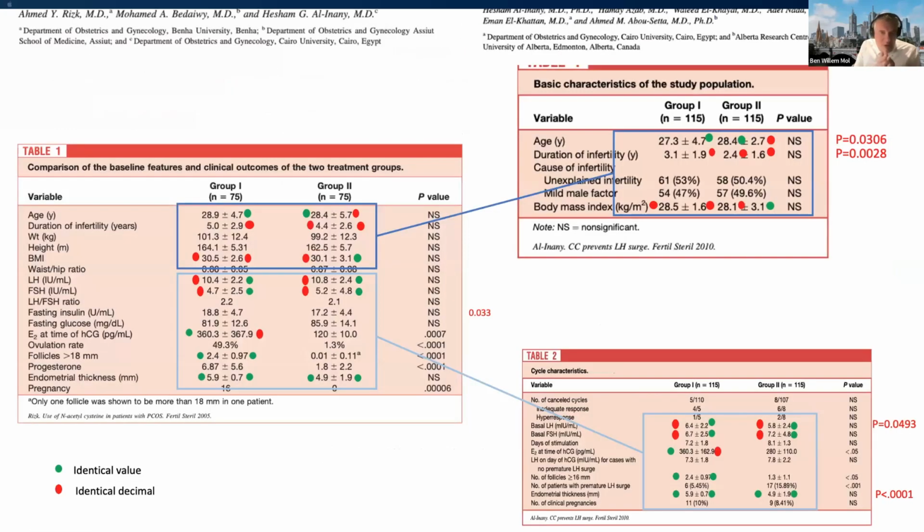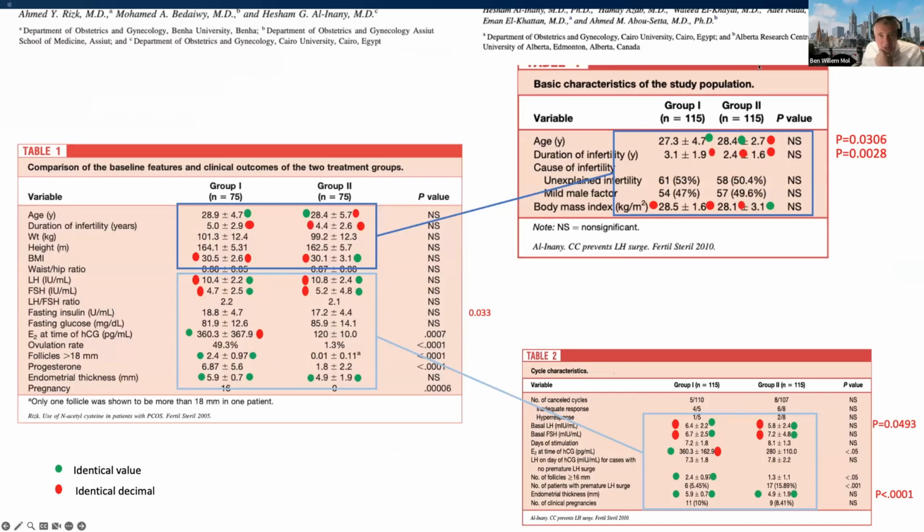The problem with these two RCTs is similar to what I showed in the beginning: copying of numbers in a way that is not explained by chance. Red is one digit different, green is the same number. I've written to the authors, I never got an explanation for that.